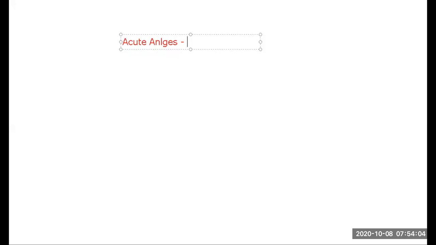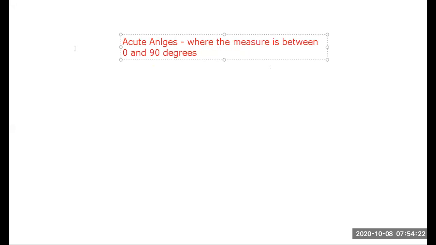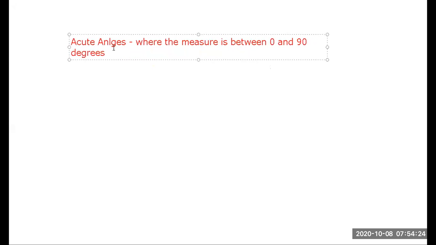Acute angles talk about angles where the measure is between 0 and 90 degrees. All right? So if it's 0, that's not an acute angle. If it's 90, that's not an acute angle.